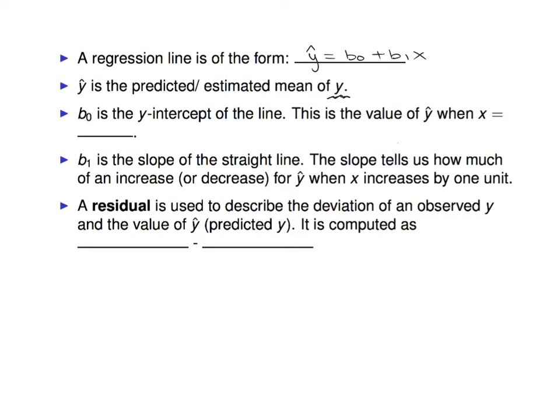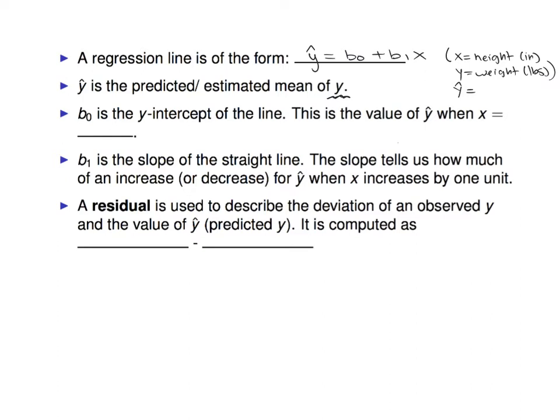So for example, if in this equation we have x equals height in inches and y equals weight in pounds, y hat would equal what you think someone's weight will be based on their height.